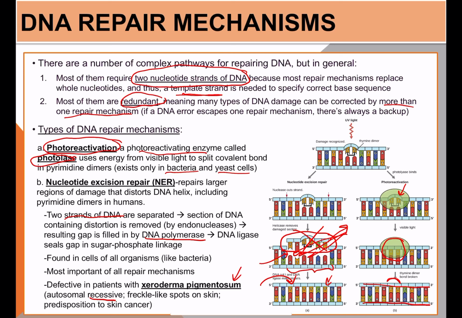What happens with these patients is they usually have freckle-like spots on their skin, because any UV light will give them that pyrimidine dimer, and they're more likely to leave those pyrimidine dimer errors in there because they don't have a functional NER to fix them. So that's why they have a lot of predisposition to skin cancer when you have xeroderma pigmentosum.